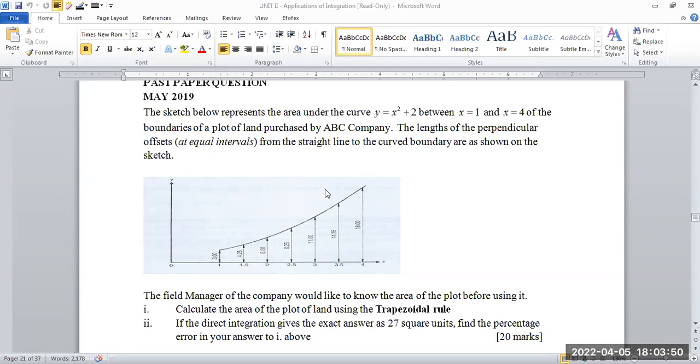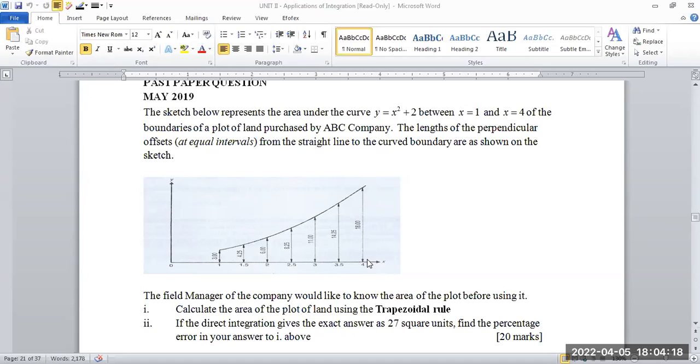it says the sketch below represents the area under the curve y equals x squared plus 2. It means that this curve is going to be defined by x squared plus 2. And it occurs between 1 and 4, of the boundaries of a plot of land purchased by ABC company.